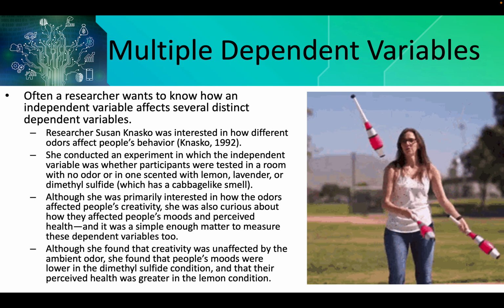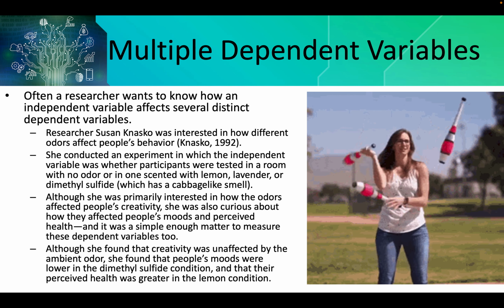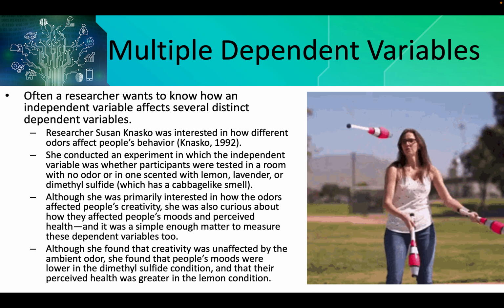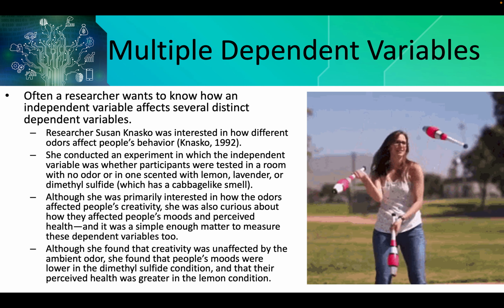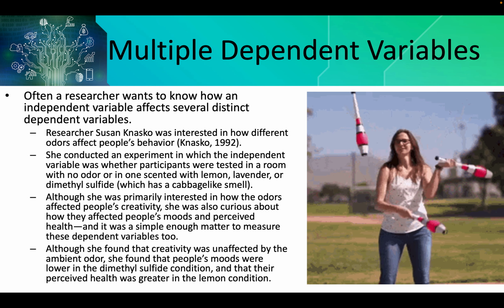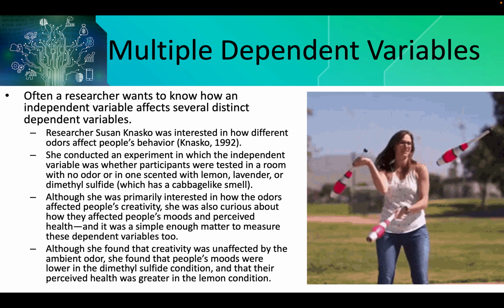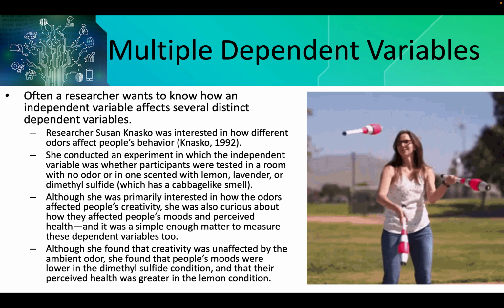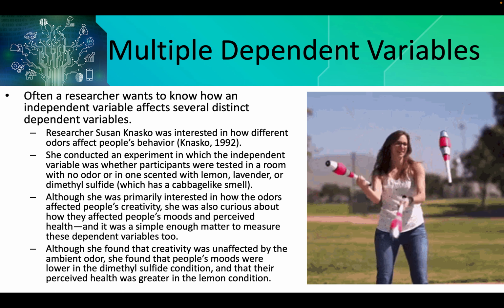Although she found that creativity was unaffected by the ambient odors, ambient means what the smell is in the room, she found that people's moods were lower in the dimethyl sulfide condition, where it smelled like there was rotting cooked cabbage sitting in the corner somewhere, and that their perceived health was greater in the lemon condition.